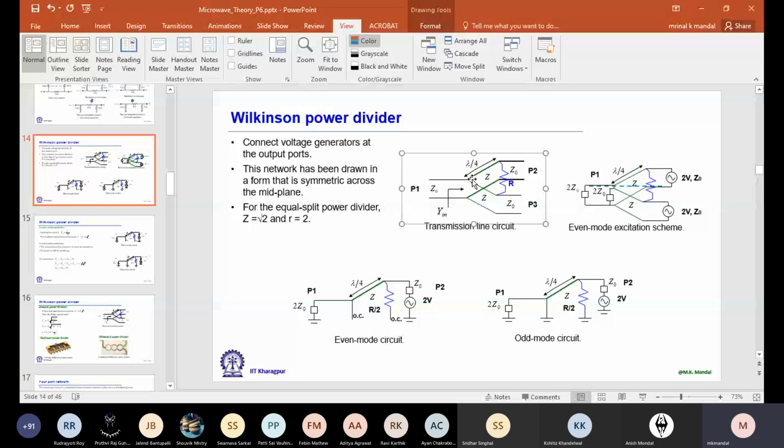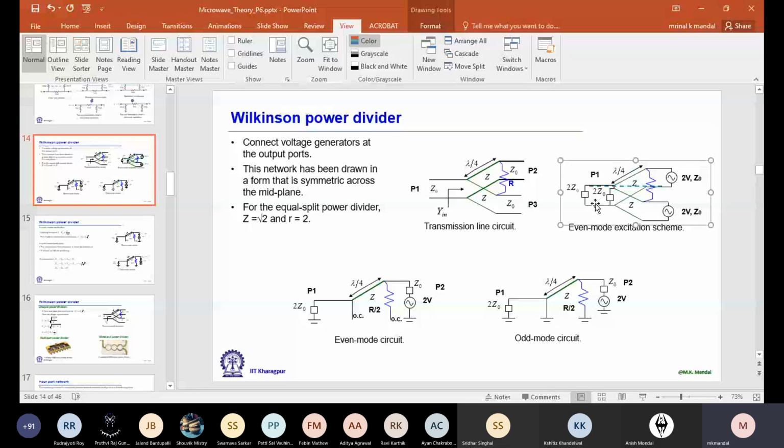Here we already assume the length is lambda by 4. We are not doing the general solution, just to find the value of R and Z. Now I need to apply the even odd mode analysis technique, so I have to modify the circuit. The Z0 now I am representing as twice Z0 and twice Z0.